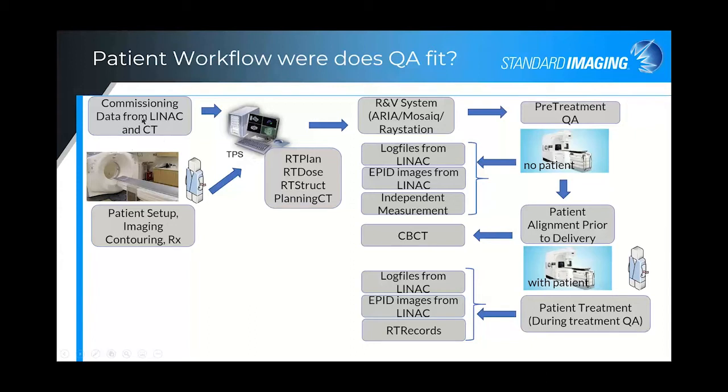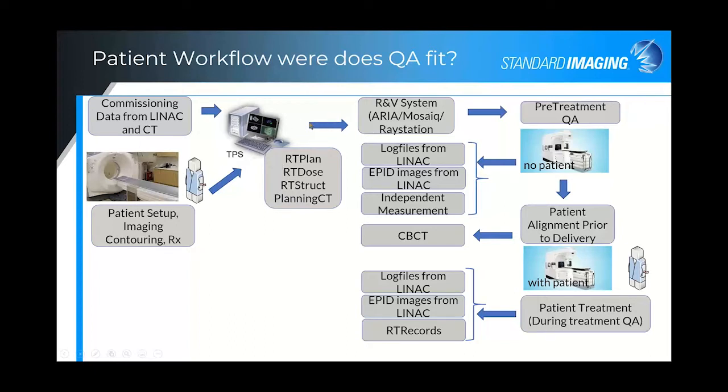The commissioning data from the LINAC and the CT are, of course, put into your treatment planning system, as well as the patient setup, imaging, contouring, and the plan prescription. So the patient-specific information goes in.